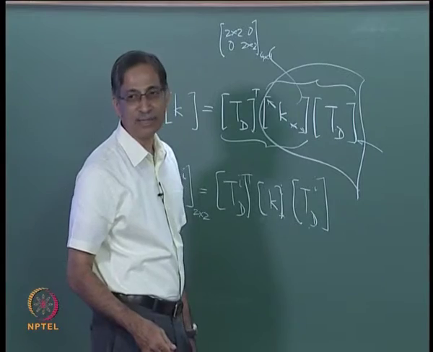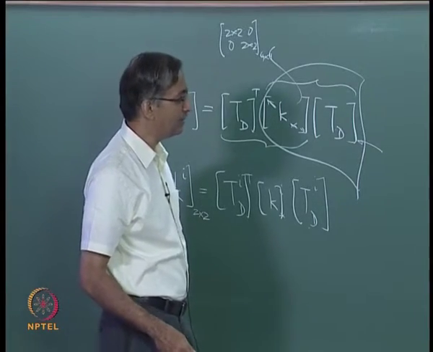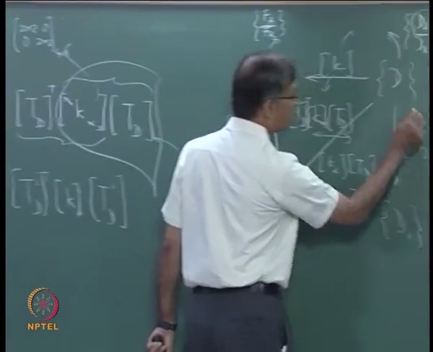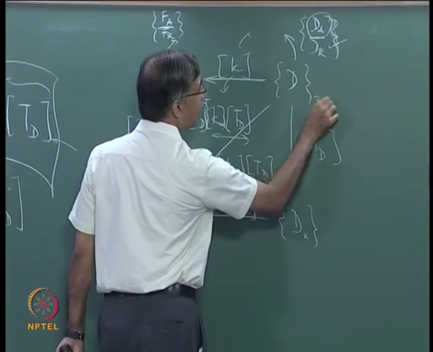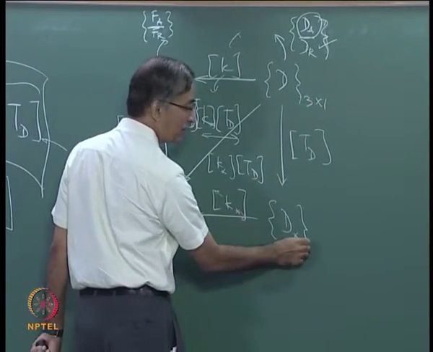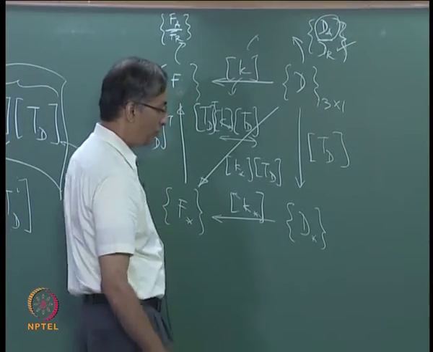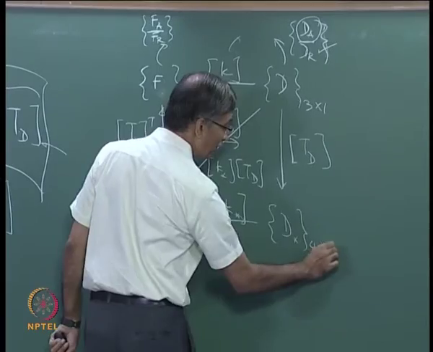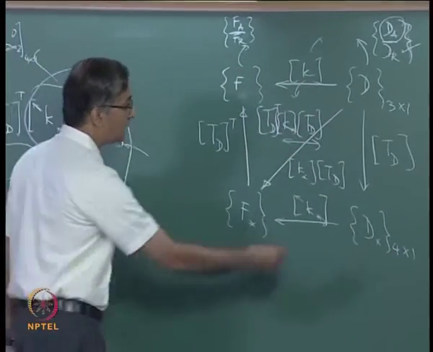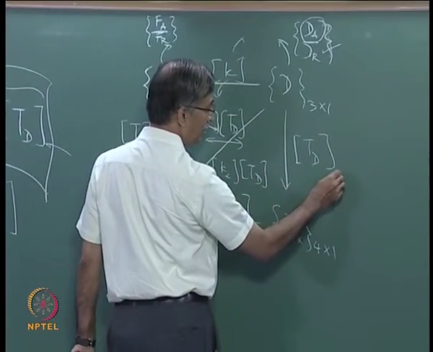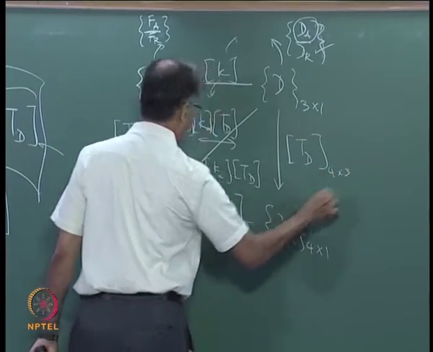How many global coordinates are there? 3. So what's the size of this vector? It's 3 by 1. Okay. What's the size of this one? 4 by 1 if you're assembling them all together, right? So what will be the size of this? 4 by 3, right?